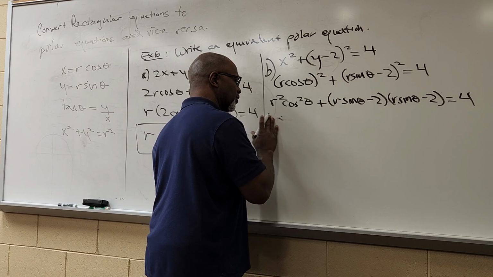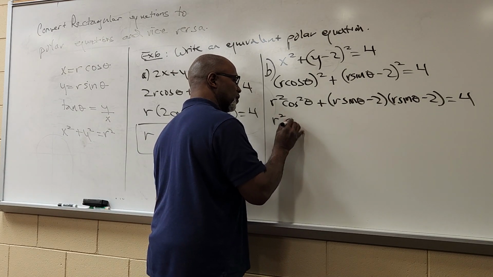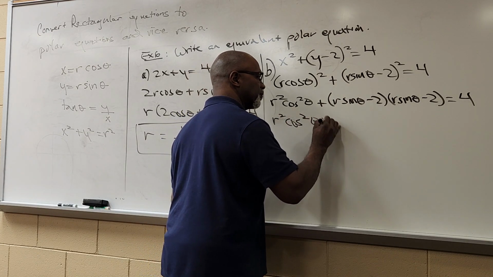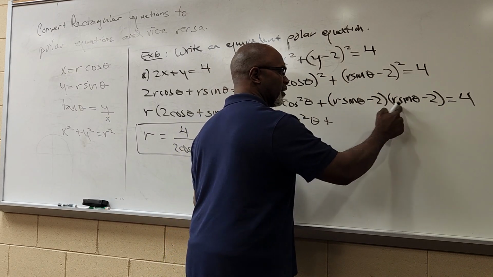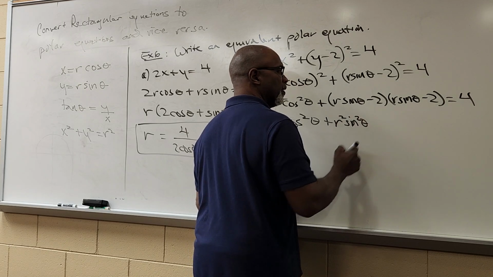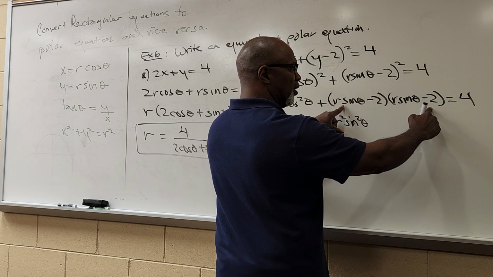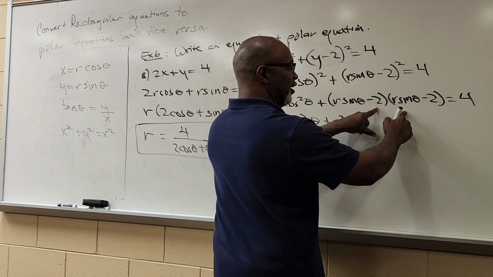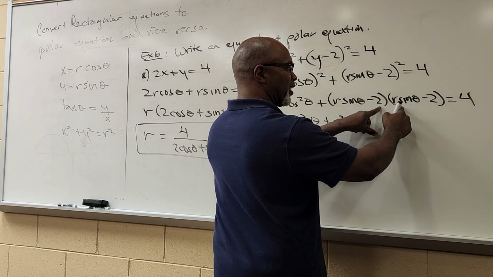So I'll still have the r squared cosine squared theta. For this FOIL, r sine theta times r sine theta is r squared sine squared theta. The outer product would be minus 2 r sine theta. The inner product would be minus 2 r sine theta.